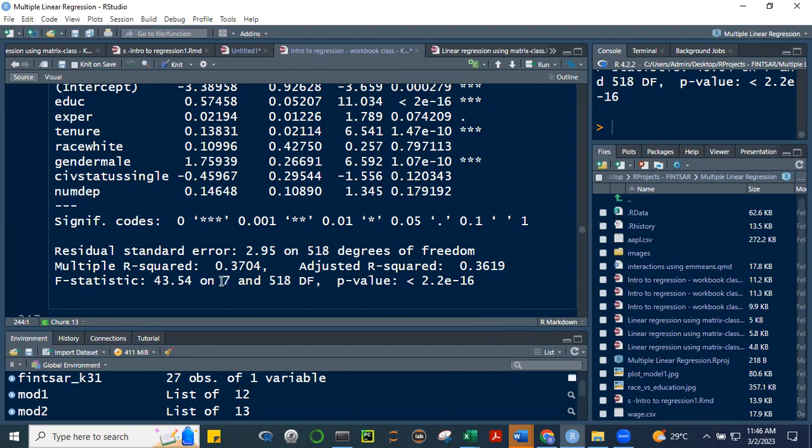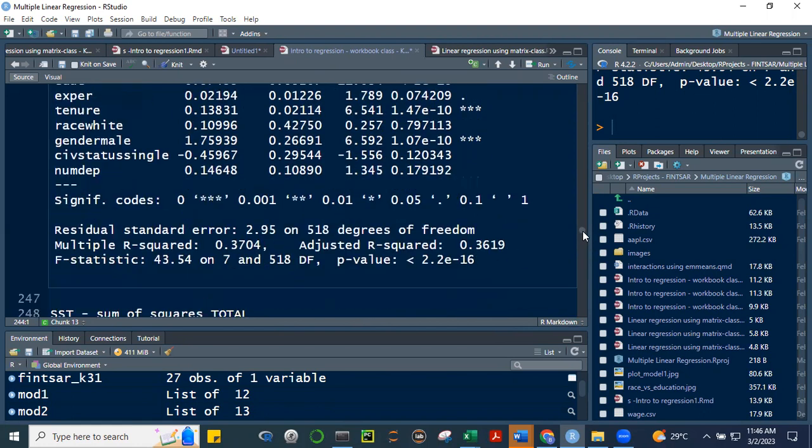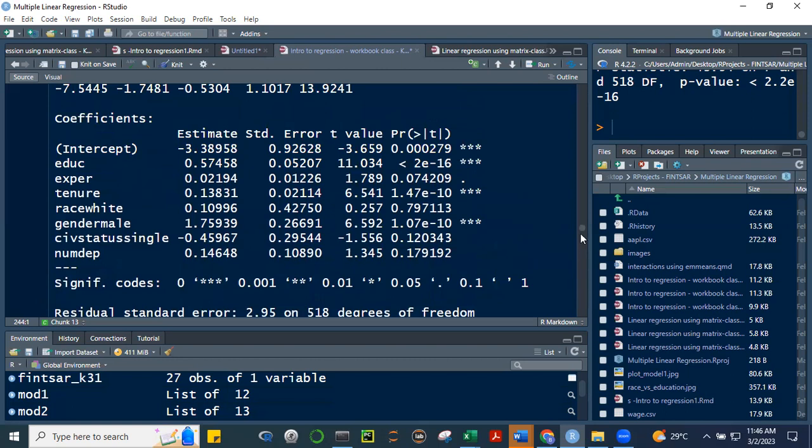DF1 is the number of predictors. So that's 7 kasi 7 yung predictors natin. And then DF2 is n minus k minus 1. K is equal to 7. Okay, 1 is to account for the intercept, which we're going to also compute for. So there's a loss in the degree of freedom kasi sinasama natin si intercept sa pag-compute.